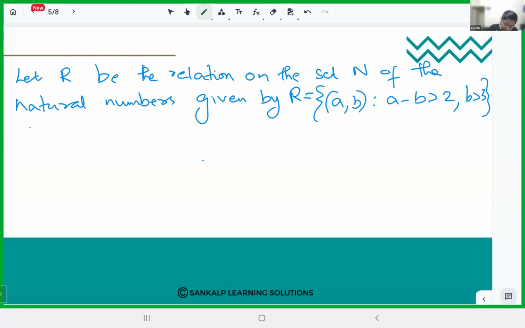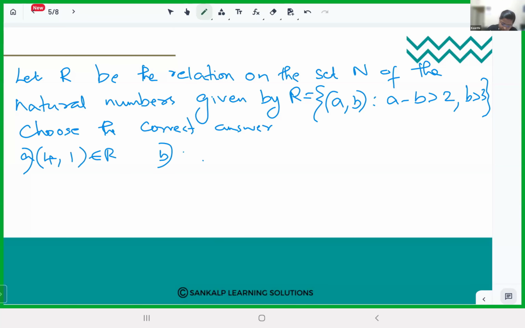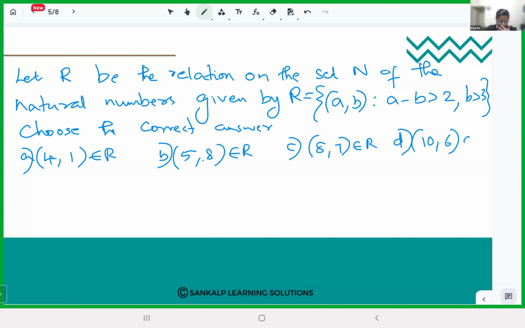We have to choose the correct answer. The options are: first, (4, 1) belongs to R; second, (5, 8) belongs to R; third, (8, 7) belongs to R; fourth, (10, 6) belongs to R.